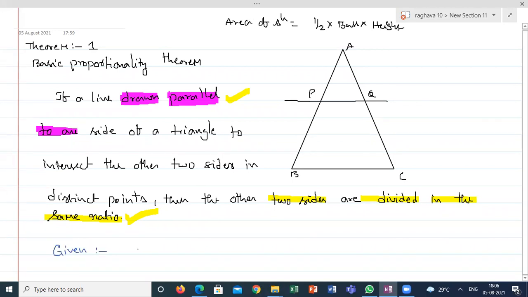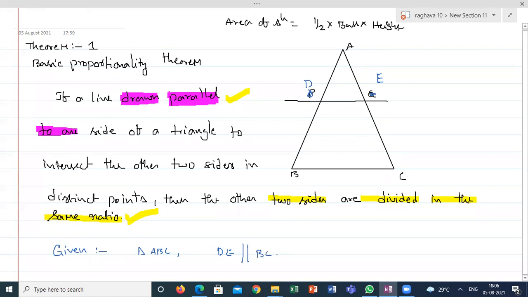So what is the given data here? We have ABC, a triangle, and DE is parallel to, sorry, I'm taking DE instead of PQ. DE is parallel to BC. This is the given data.